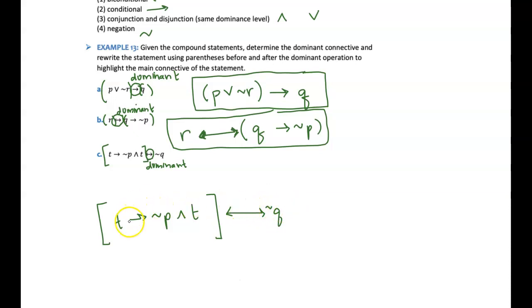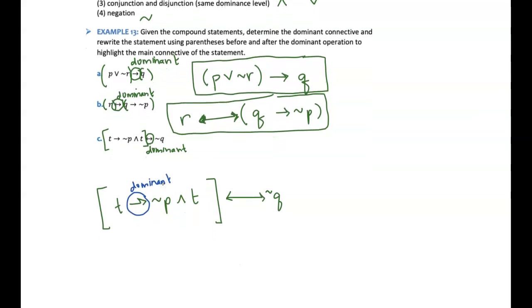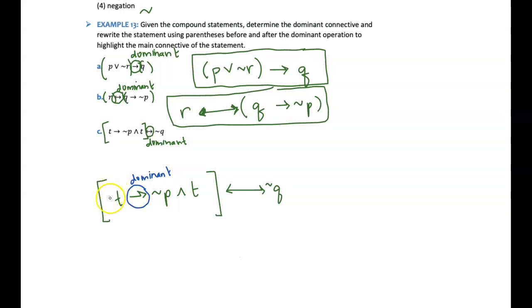Now, we could go a little bit further with part C, and we could also identify the next most dominant, because here within our brackets, we also have two operations, a conditional, and we also have a conjunction. This one would be next most dominant. So it's dominant within our brackets. So we could use parentheses before and after to highlight that conditional within our brackets.